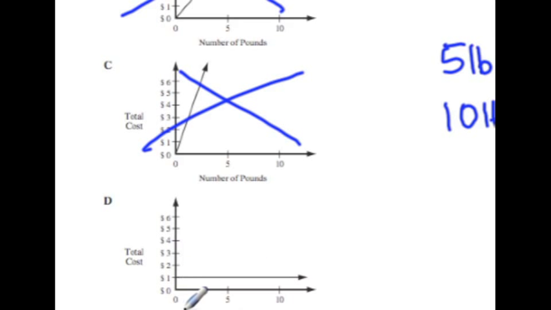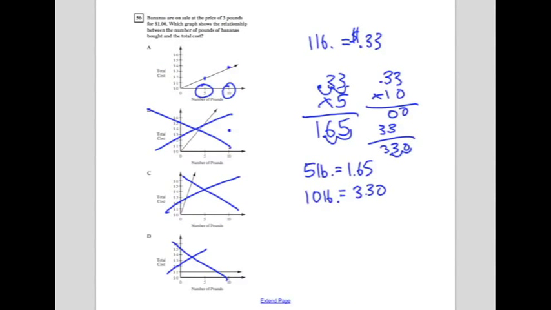Even if you're buying 0 pounds of bananas, it costs you $1. For those of you that don't go to the grocery store and don't buy bananas, they don't charge you $1 just for not buying any. So that's not correct. The correct answer for 56 is A, because it matched up with my graph and the prices I got for 5 and 10 pounds of bananas.